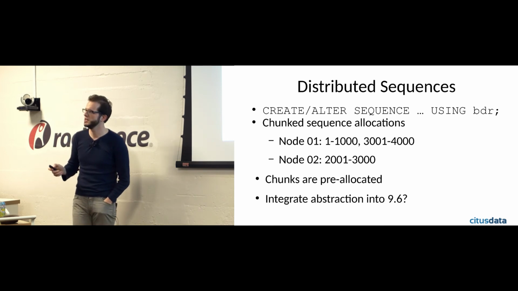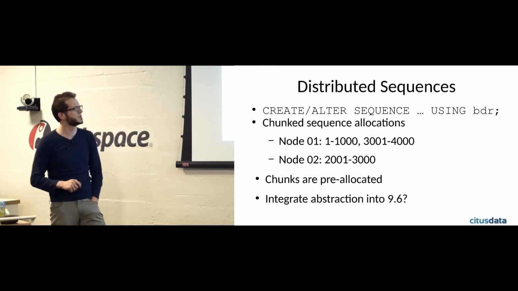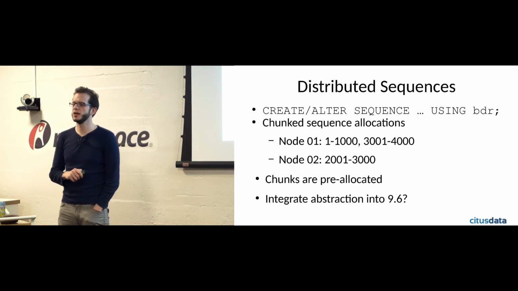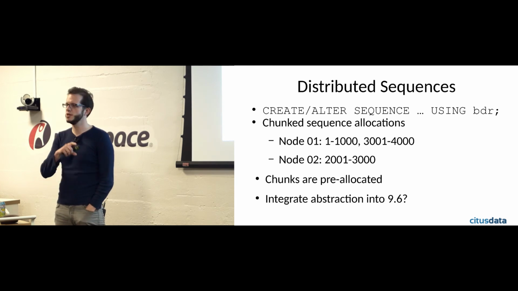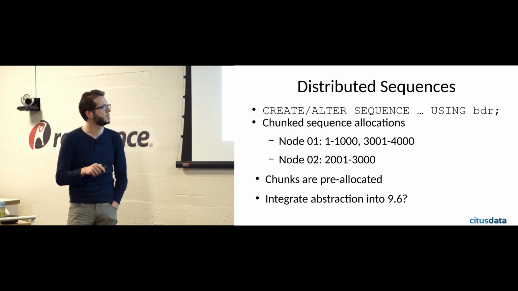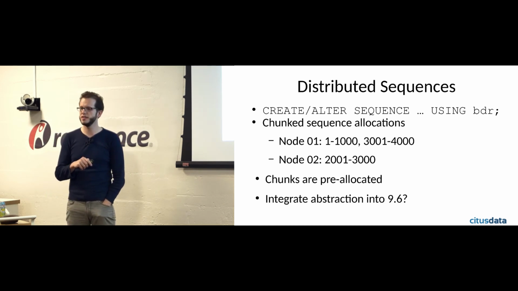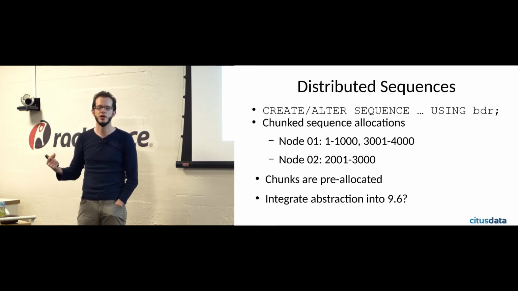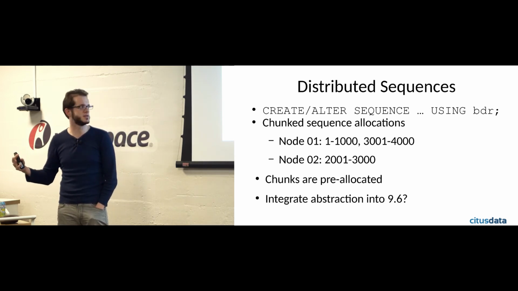So what BDR has is so-called distributed sequences, and they are conflict-free between all the nodes in a BDR cluster. If you do a create sequence using BDR, it will ensure that the values returned by the sequence are unambiguous between the nodes.